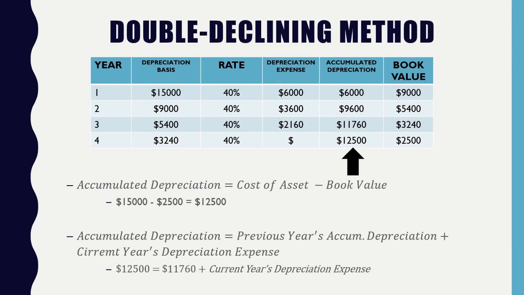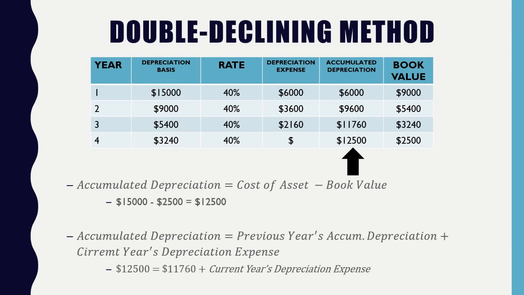You're given that your accumulated depreciation is going to equal your previous year's accumulated depreciation plus current year's depreciation expense. So in this case, you know what your accumulated depreciation is, you know what your previous year's accumulated depreciation is, and you're solving for the current year's depreciation expense.